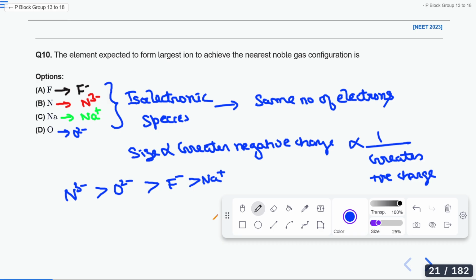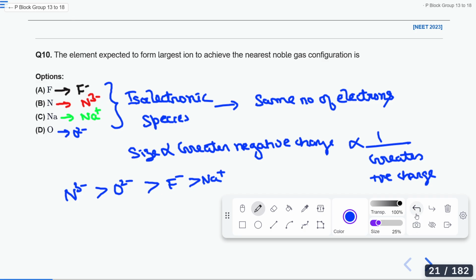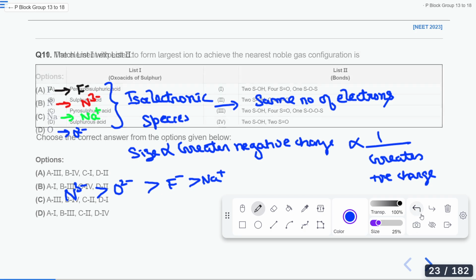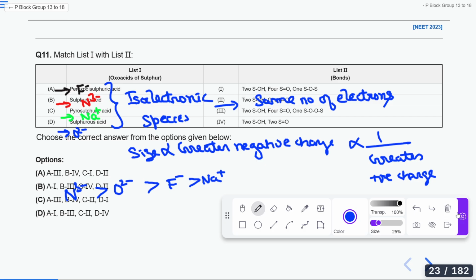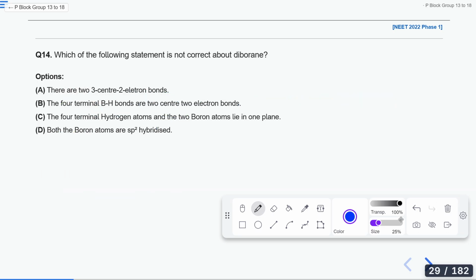Can you move on to the next question now? So here is your next question.